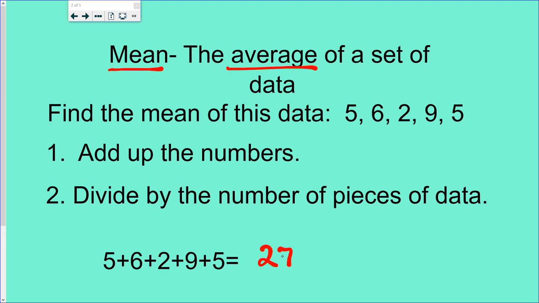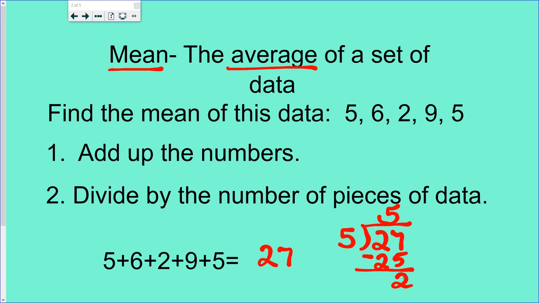Now what I need to do is take that 27 and divide it by the number of pieces of data. 1, 2, 3, 4, 5. I have 5. So I divide that. How many 5s do we get out of 27? We get 5. 5 times 5 is 25. Subtract, we have a remainder of 2.